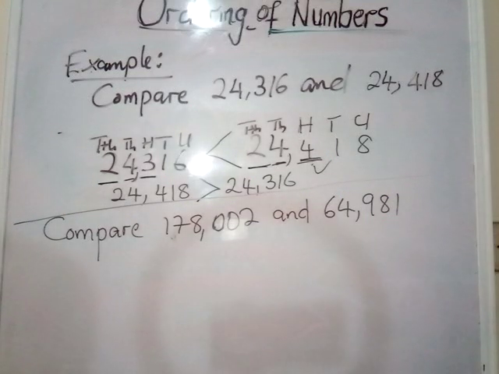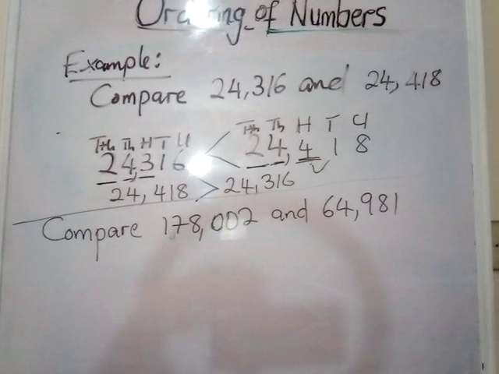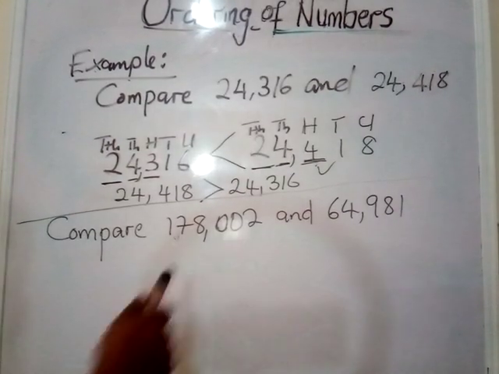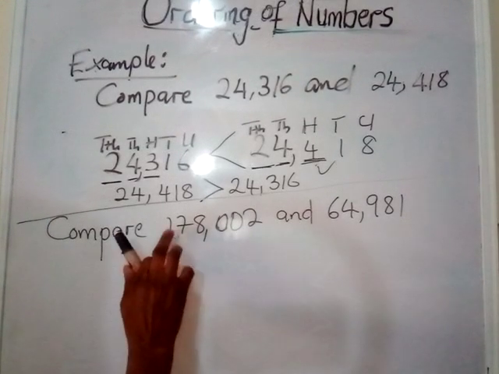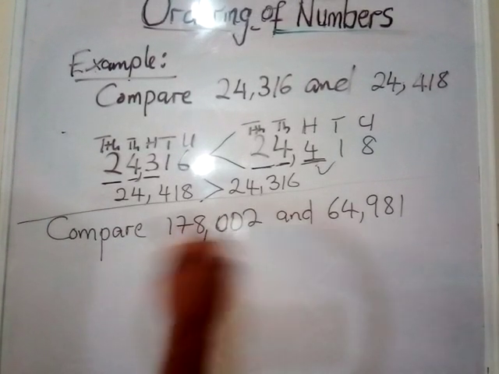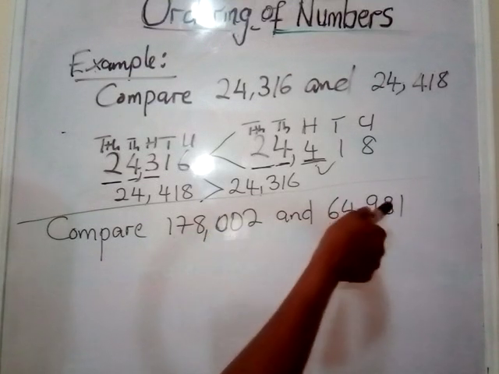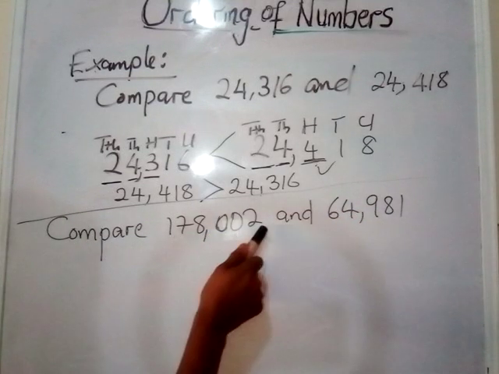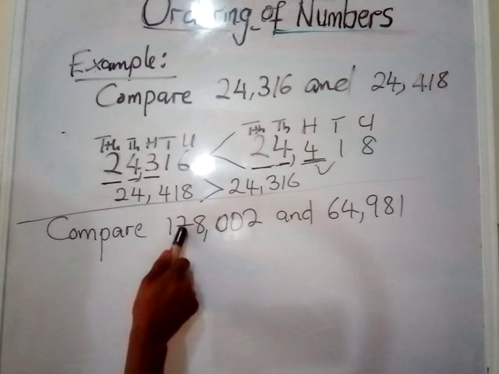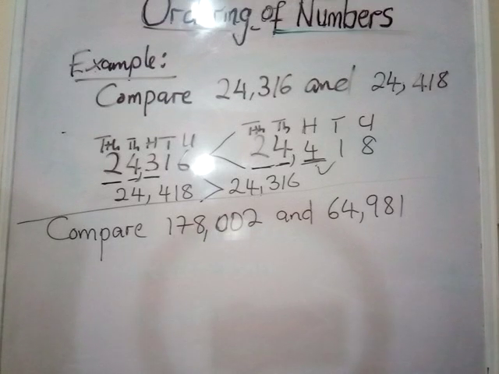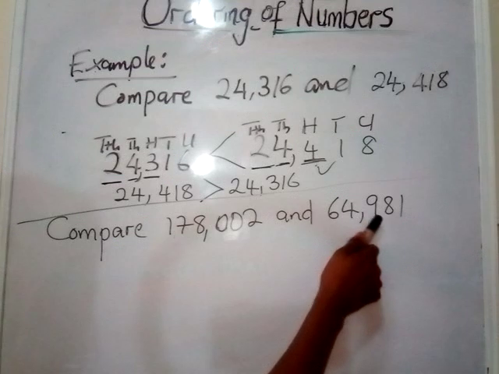Okay, let's look at these numbers. Now, if you look at these two numbers, you find out that one of them has 6 digits, while the other one has 5 digits. 1, 2, 3, 4, 5, 6. 6 digits. 1, 2, 3, 4, 5.